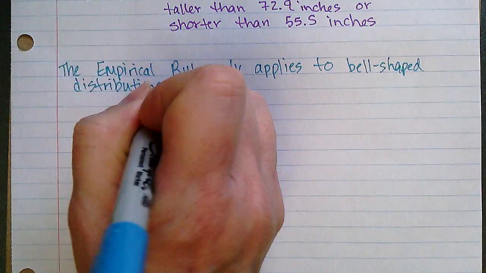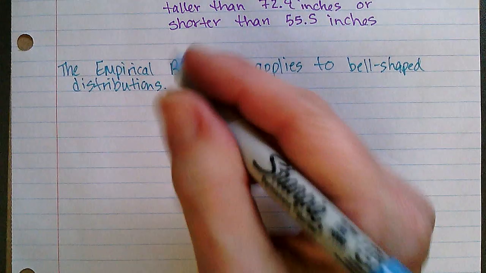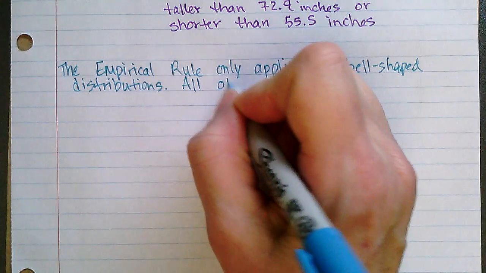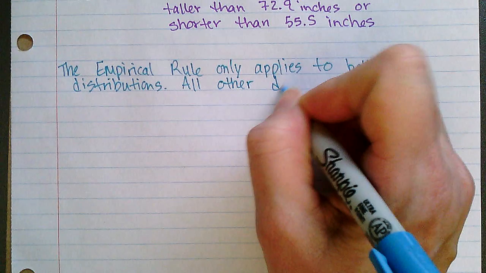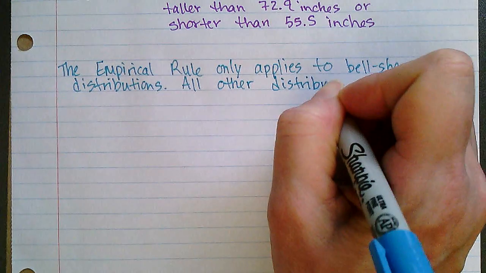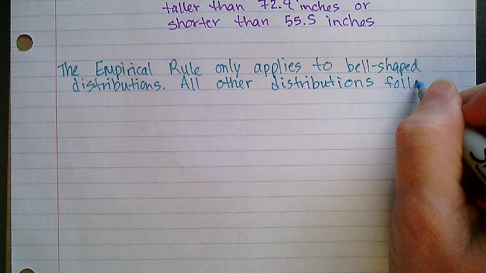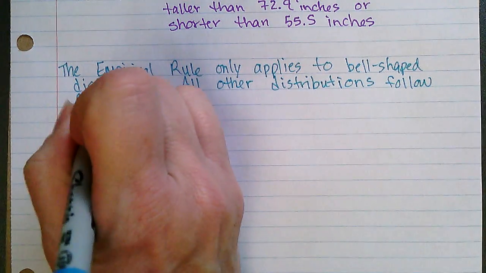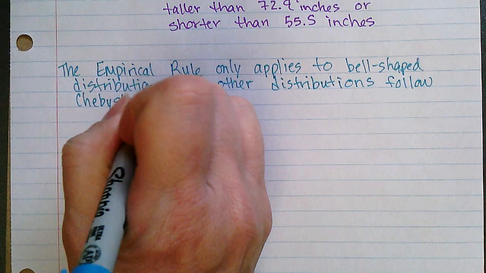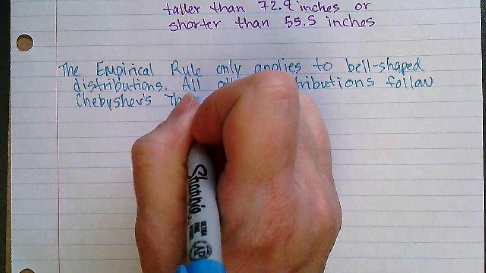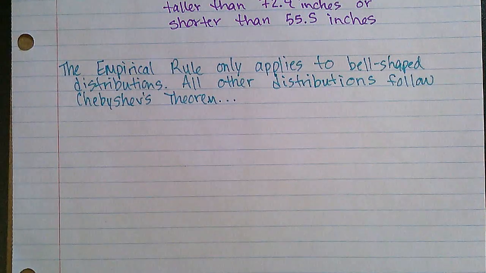Those are also called normal distributions. All other distributions, any other shape, follow something called Chebyshev's theorem. So we should probably talk about that.